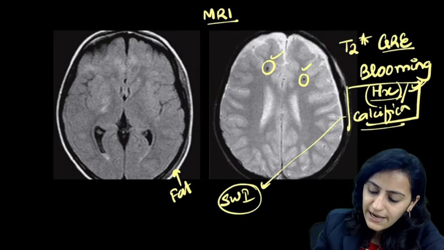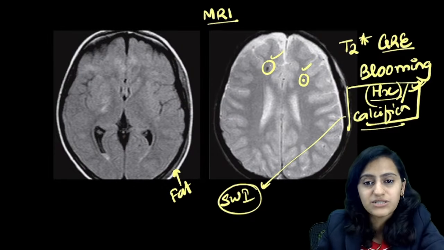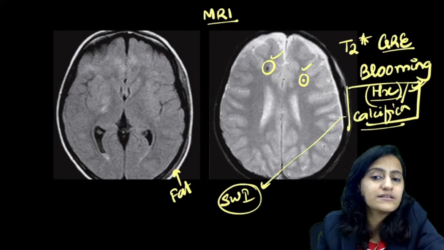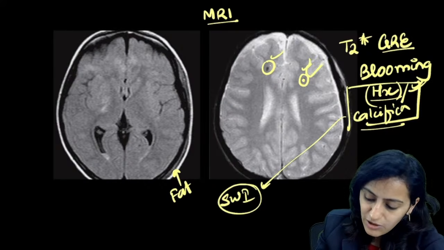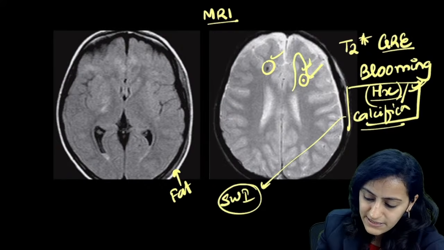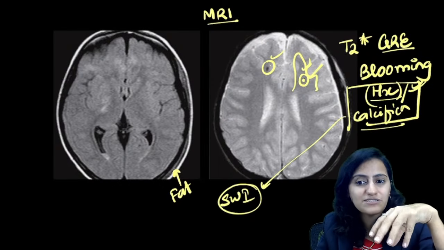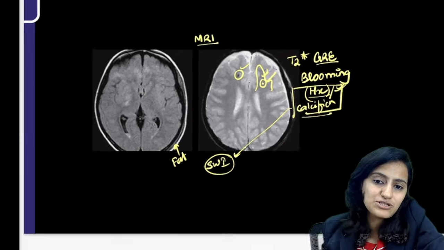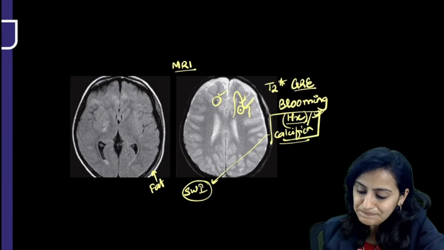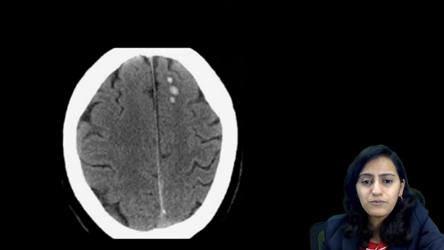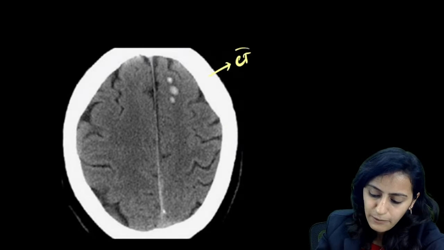So DAI shows these punctate hemorrhages at the gray-white matter junction. This is the gray matter, the cortex. This is the white matter that we are seeing here. So the first stage of DAI has these gray-white matter junction punctate, petechial hemorrhages. Look at this one. This is a CT scan now, the white bone.